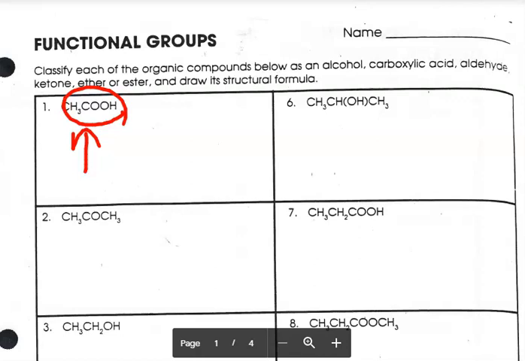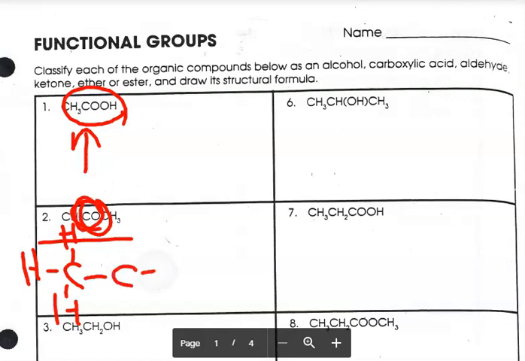If I go to number 2, the first thing you want to recognize is you have 1 oxygen. Now, these are condensed structural formulas. In other words, they've collapsed the bonds around the carbons. And you'd have a carbon with your 3 H's. Then you see CO, so you always have carbons bonded to carbons. But then it's an oxygen. If you only put 1 bond, then this carbon in the middle only has 3 bonds.